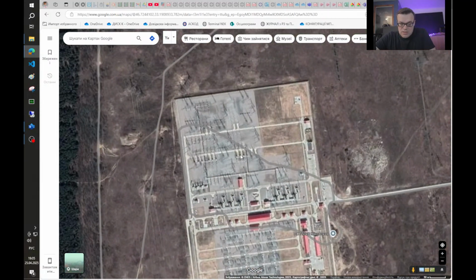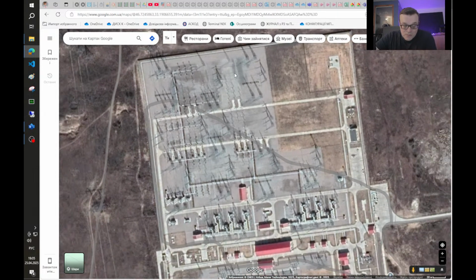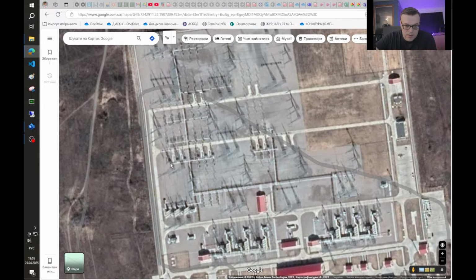So this is that substation. This is one bus bar, another bus bar, and a line. Here circuit breaker, shunt reactors, and here the neutral reactor and corresponding circuit breaker.